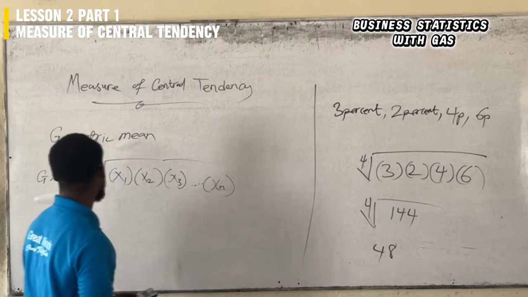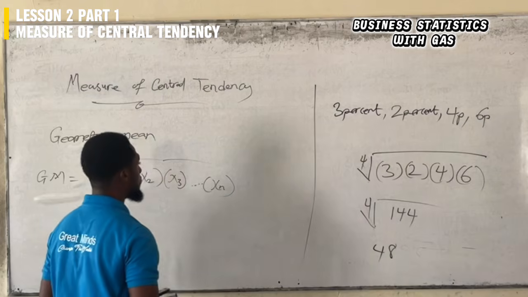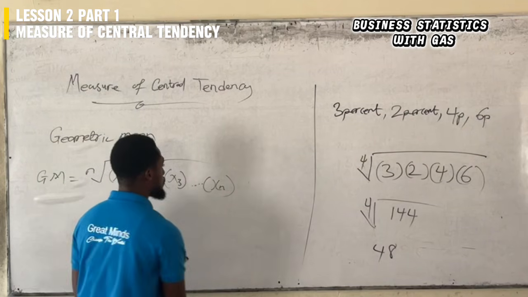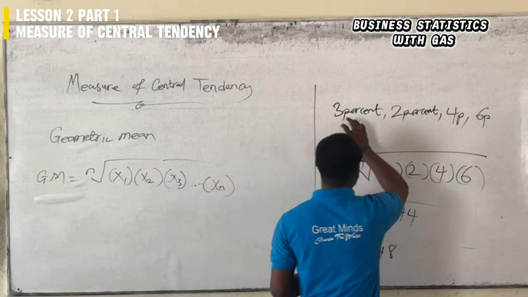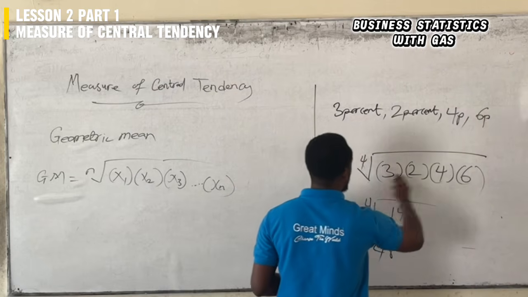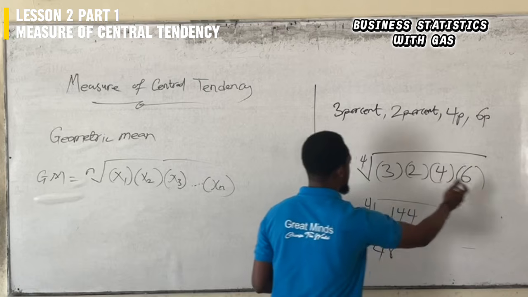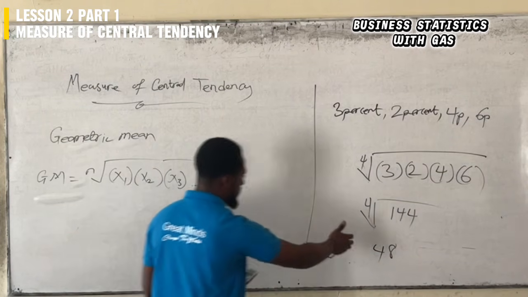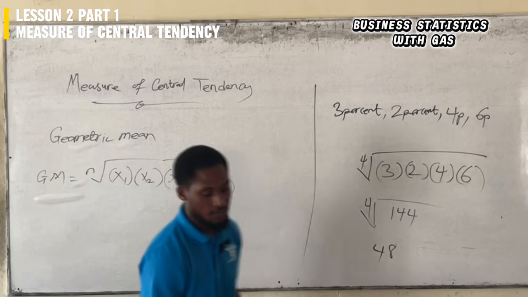So this is how geometric mean is being solved. Don't forget that the n is the number of projects per this question. So you first input your n, which is 4, because the projects are 4. After stating your 4, you continue to state your percentages, which is 3, 2, 4, and 6. Then you multiply. After multiplying them, you state it in your calculator as you see here. Then you are getting 48.